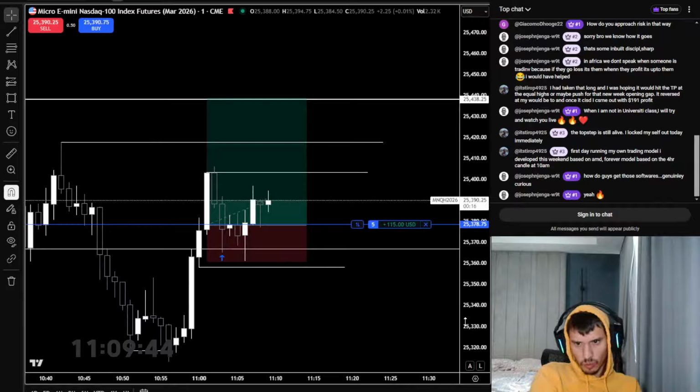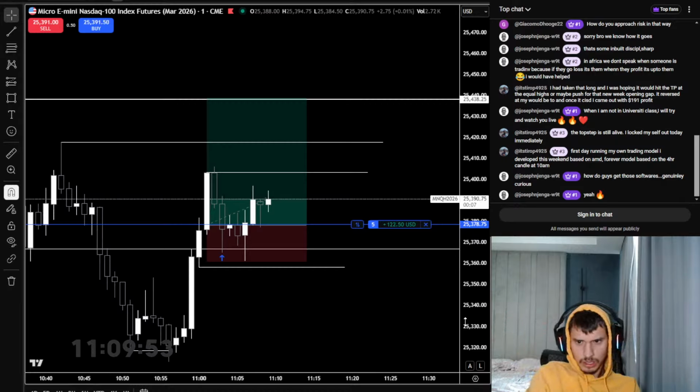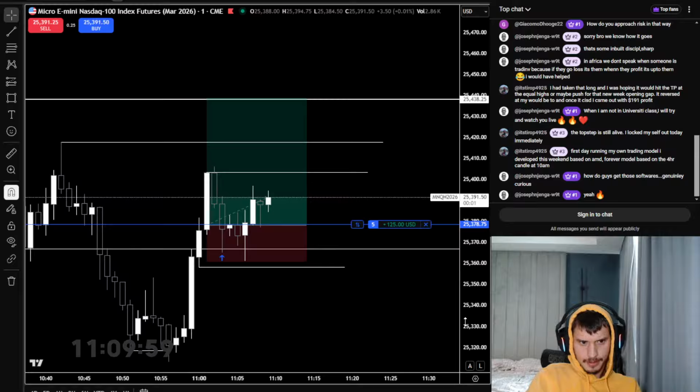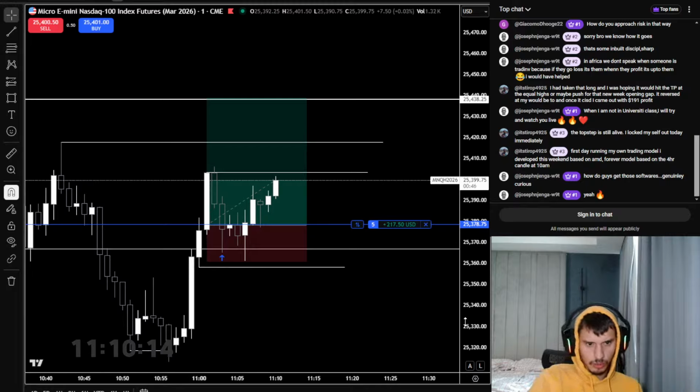ES is respecting a 1 minute gap, acting as resistance. Hopefully we could break through it. Nice little pump. Come on, swipe those highs.